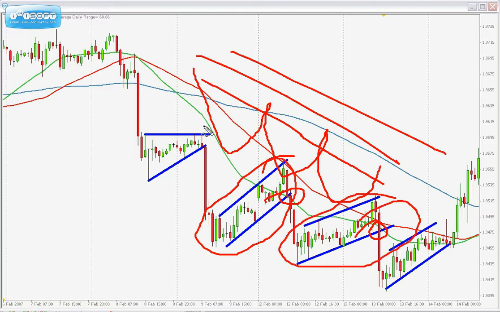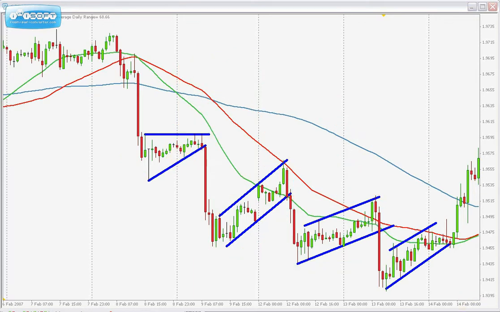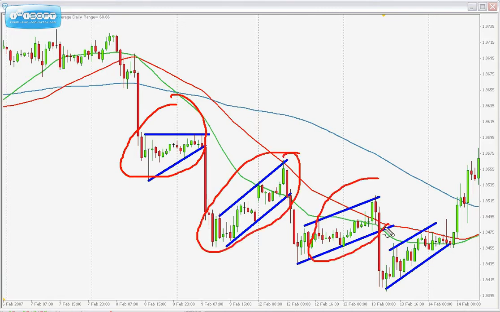This one didn't quite retrace all the way to the 30 moving average, and anyway, at this time we didn't have all the moving averages on our side, so I wouldn't consider this a tradable setup. But this one and this one certainly were.